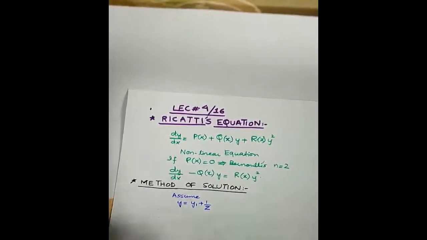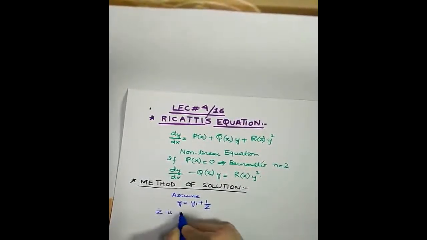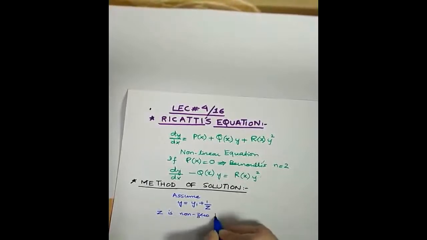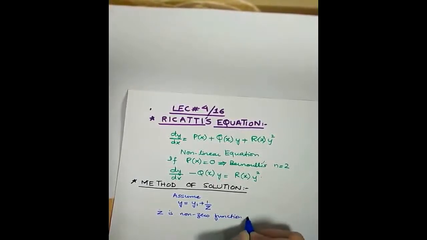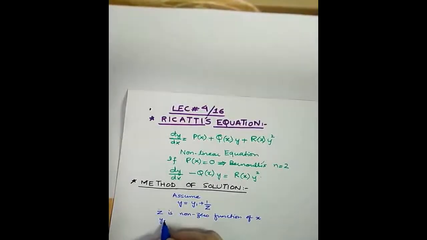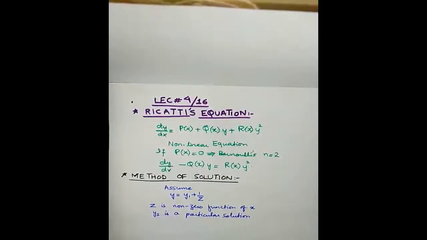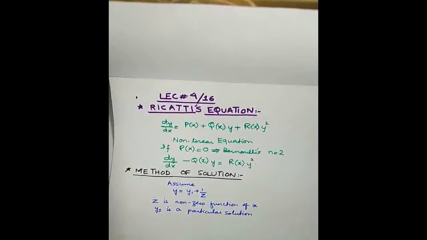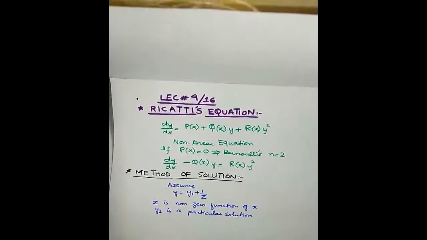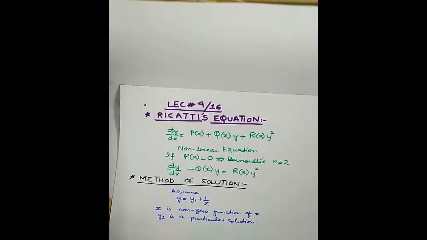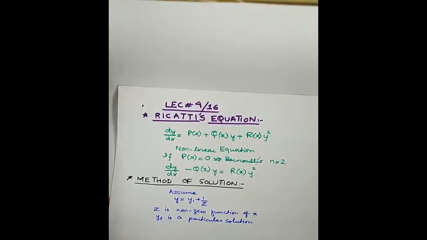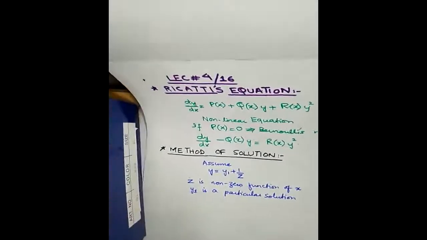I am writing here z is a non-zero function of x, and y1 is a particular solution. Normally in the examples this particular solution is already given, and later on in the coming lectures I will tell you what is a particular solution. So in Riccati's equation normally y1 is given, and you just have to put y1 and then solve it.